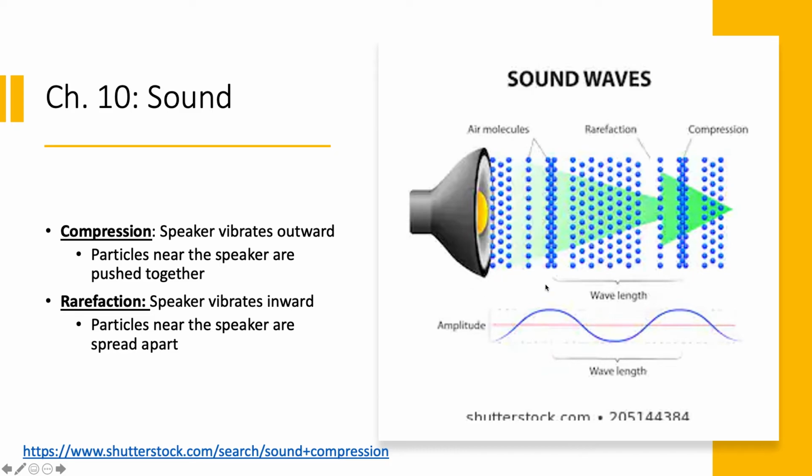You can see that the particles here, where it's a little bit closer together and they're darker blue, are closer in relation, the sound particles, than they are in rarefaction. Rarefaction is when the speaker vibrates inward and the particles near the speaker are spread more apart. So compression, remember, they're just more compressed air molecules, and then rarefaction is when they are more spread apart.